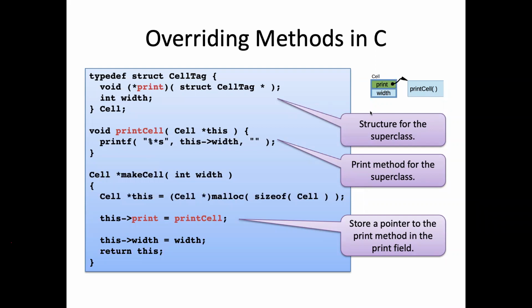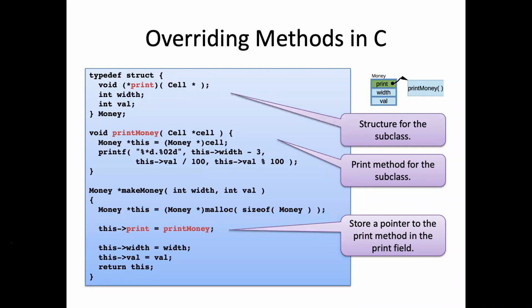They carry around a pointer to that function. Subclasses, so money objects, they start out looking just like a cell object, which means they have a width field and a print function, just like the previous one, but they add a monetary amount. Down here in the constructor, I make enough space for a money object, so enough space for all three of these fields. I fill in the same two I was filling in before, the width and the amount of money, but I also fill in my print function.